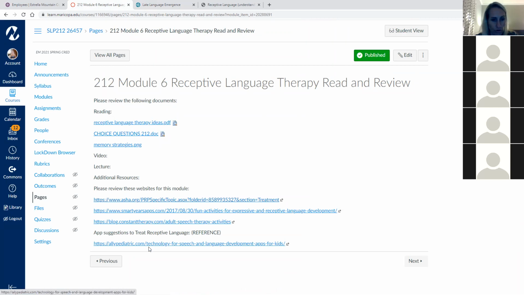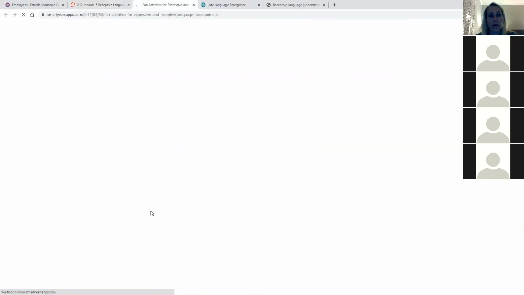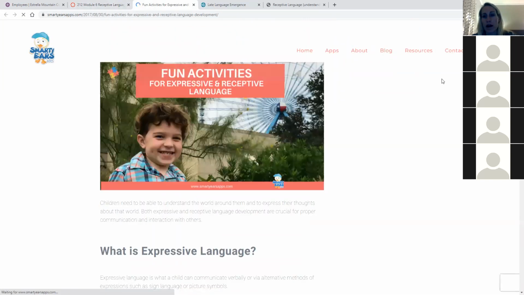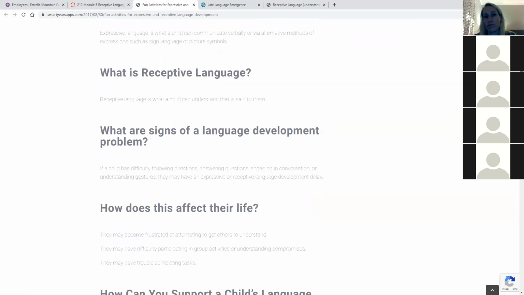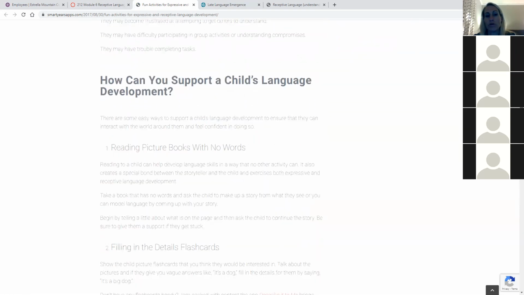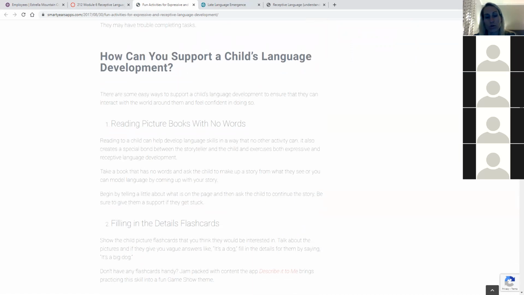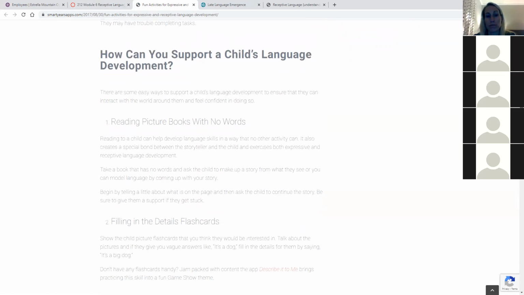And then there's lots of stuff on apps. So there is some great information. Let me make sure these are still working. I checked them out. Sometimes they just change it, but you can look at receptive language, expressive language. This is a nice thing to reference when you are working with others or doing what I call team training, maybe with a caregiver, maybe with a parent.